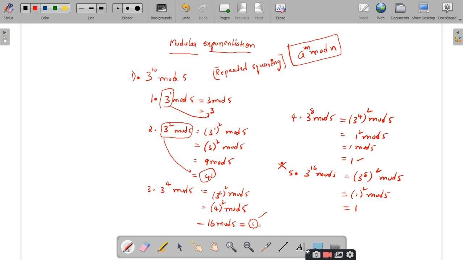So, whenever you get the value 1, from there onwards you will get the same value 1 only. But once you don't get this 1, you have to calculate it on your own. Is it clear up to this point?